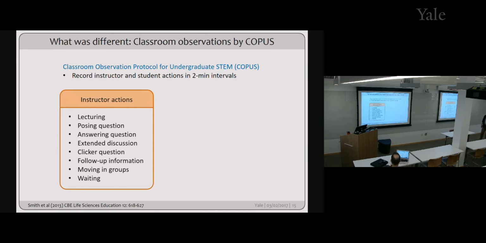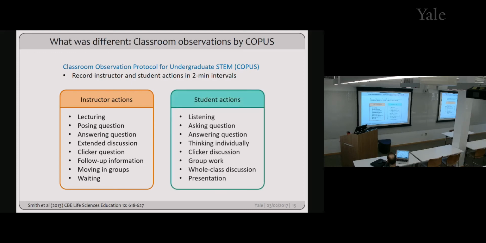For example, the instructor could be lecturing, posing and answering questions, having extended discussions and moving in groups. The student actions include listening, asking and answering questions, thinking individually or working in groups in various forms. There are about 25 different things in total between the instructor and student actions.